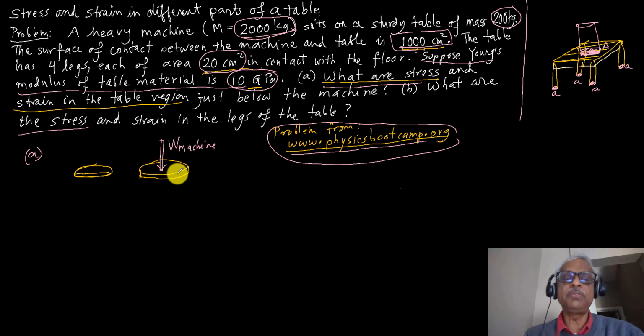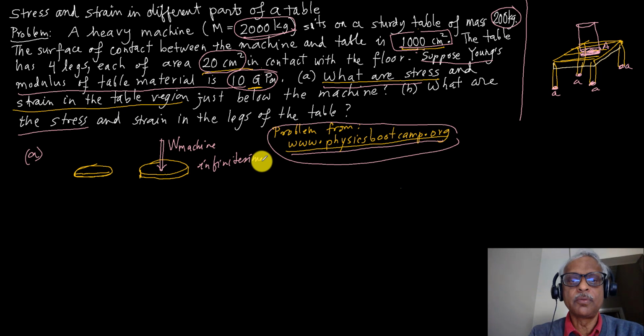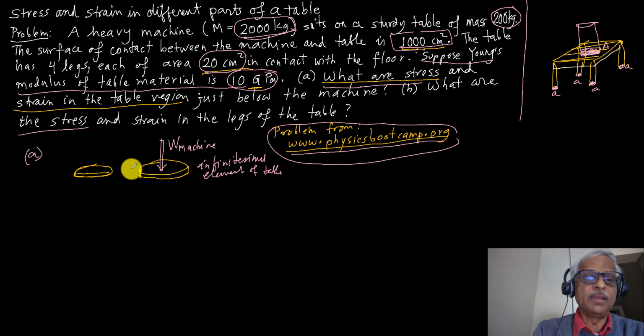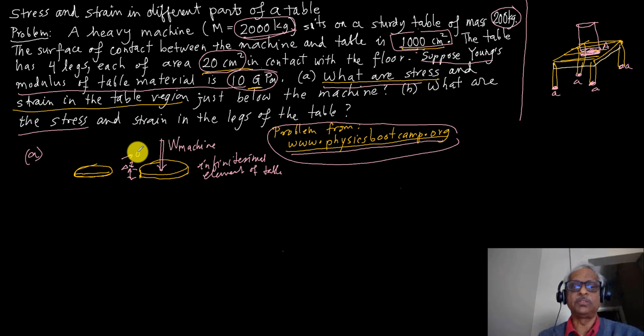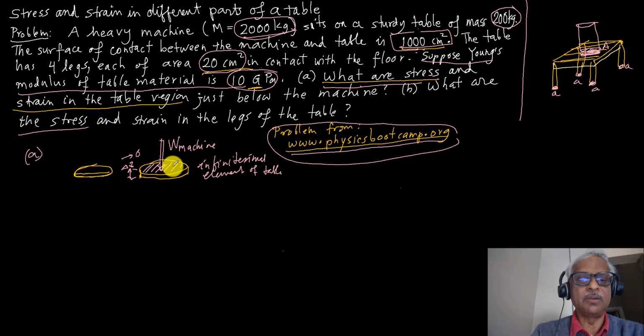And if there was only force on that piece of the wood, so this is an infinitesimal element of table, say delta z, and delta z, I'm thinking, goes to 0, and this area is a big A, capital A. There is also the weight of this element itself acting on this, the delta weight of this surface.